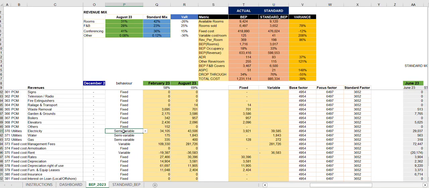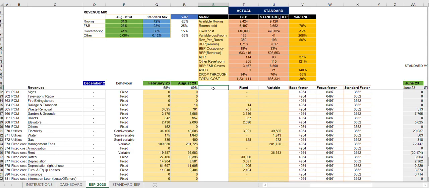Yeah, it's here. So this same variable, it means our cost increased from 34 to 43. Then the split happens here, like this. So normally, if it is a semi-variable cost, we compare the increase in occupancy with the percentage increase in cost.